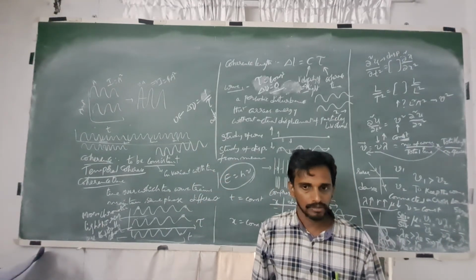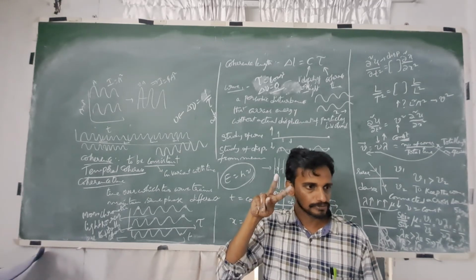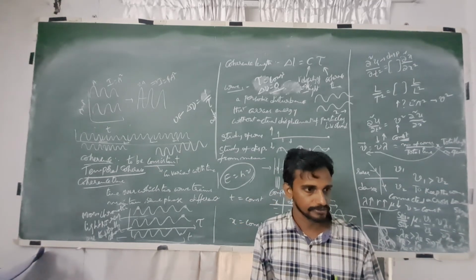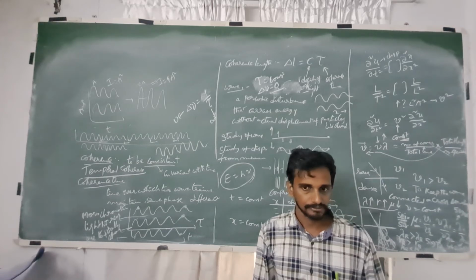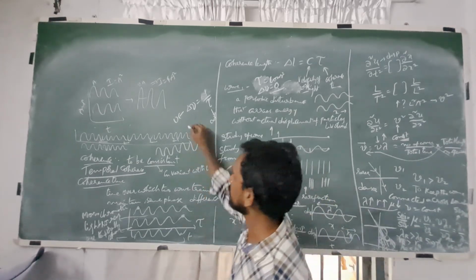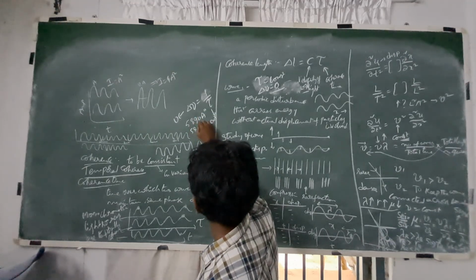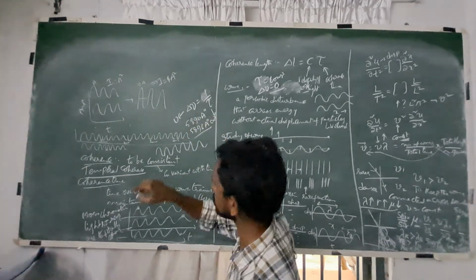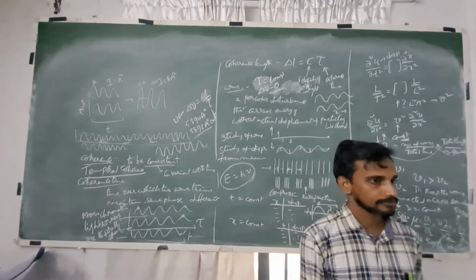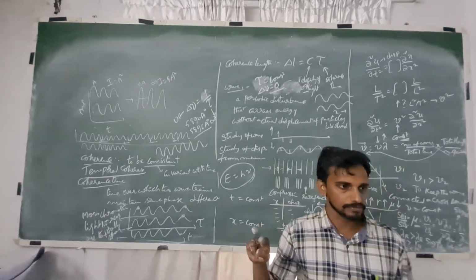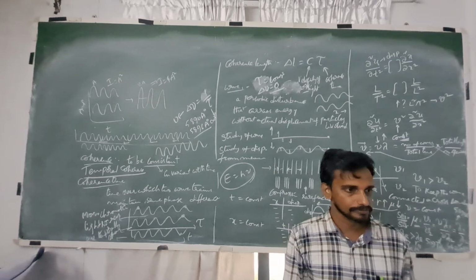But sodium yellow has a bandwidth of 6 angstroms. The actual sodium yellow wavelengths are 5890 and 5896 angstroms. That is a 6 angstrom bandwidth for sodium yellow.